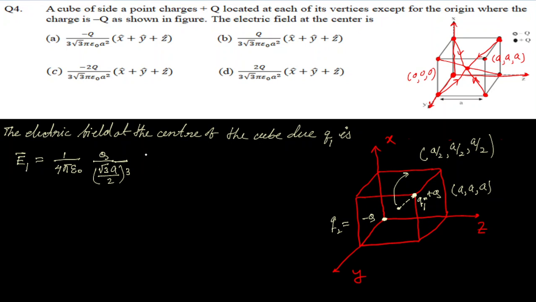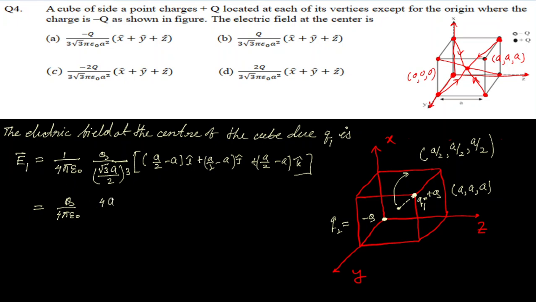So what will be that position vector? In this case we can write (a by 2 minus a) i cap, (a by 2 minus a) j cap, plus (a by 2 minus a) k cap. To simplify this, what we'll get is 1 by 4 pi epsilon naught, Q, and then 2 cube is 8, so 4 into a.